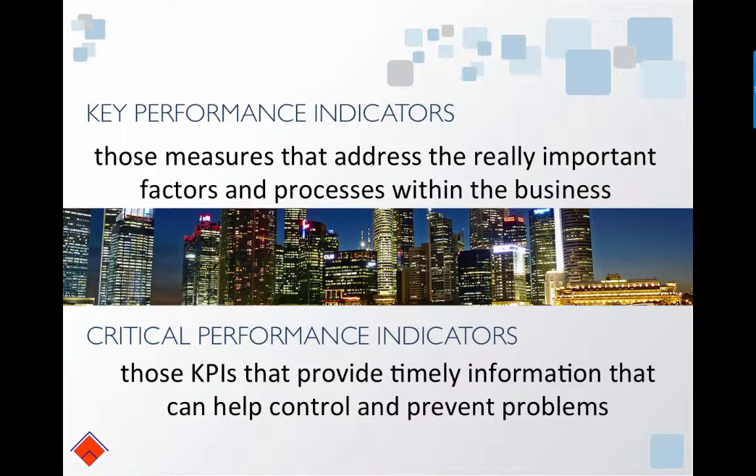If we measure the quality of parts coming off a machine, however, as soon as defects are spotted, we can stop the machine and adjust it before doing too much damage. So our measurement regime should include both key and critical performance indicators, which alert us to possible problems.